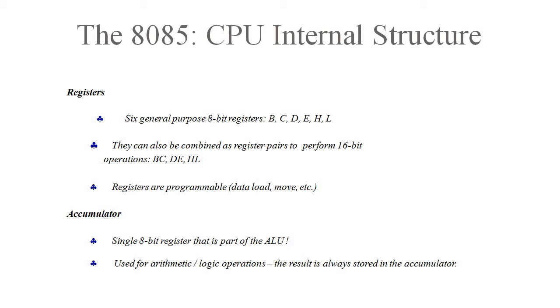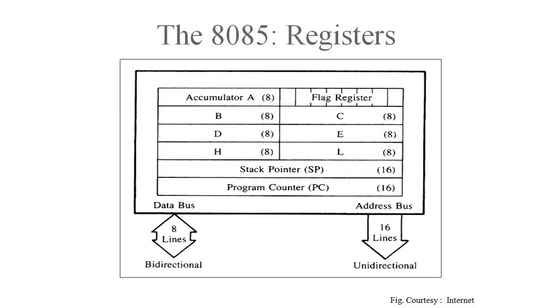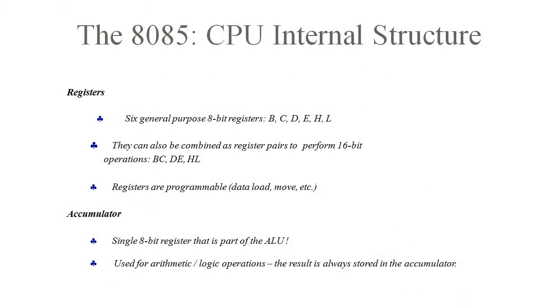Now let us see 8085 CPU internal structure. So in this figure you can see here B, C, D, E, H, L. So that is the 6 general purpose 8-bit registers.